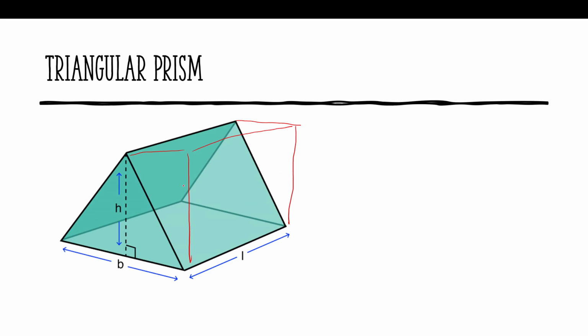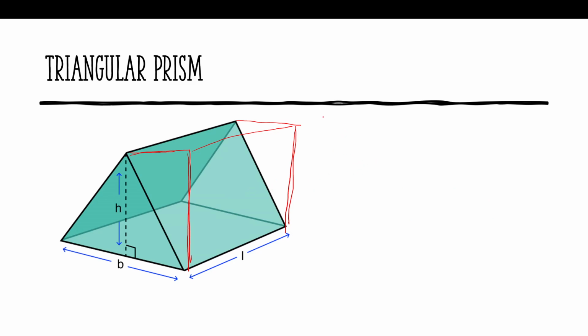So, anong figure yung nabuo kapag dalawang triangular prism yung ating pinagsaklob or pinagkonekta? So, that is correct. Ang nagawa natin is rectangular prism. Pag dalawang triangular prism yung ating pinagsama.